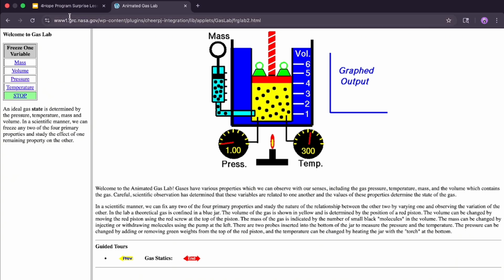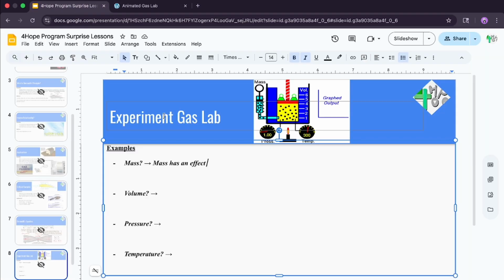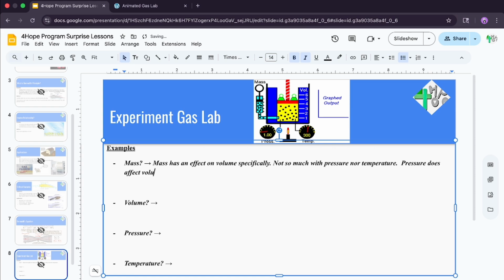I think more so it has a direct effect on volume, so it has an effect on volume specifically. But we can see here that pressure does affect volume to some extent, because you can see that there's an inverse relationship.